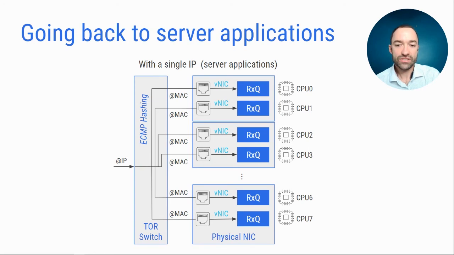The top of rack switch will perform ECMP hashing, which is the equivalent in top of rack switches of RSS in the physical NIC. This will dispatch the traffic onto the multiple physical NICs and onto the multiple CPU cores of the Seastar application. So this allows us to implement a kind of link aggregation, but using IP routing, which is more convenient in particular in virtualization environments.